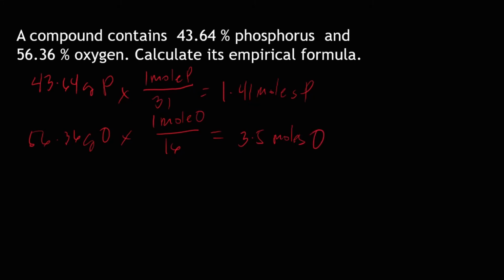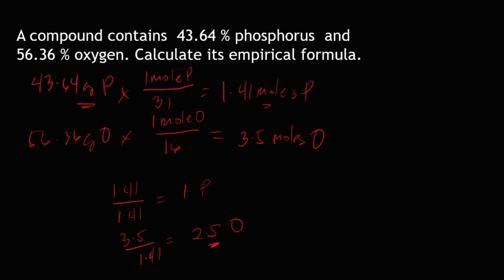The next step, after converting grams into moles, is to divide by whichever is the smaller number, which in this case is 1.41. So 1.41 divided by 1.41 gives us 1, that's for phosphorus. For oxygen, 3.5 divided by 1.41 gives us 2.5.